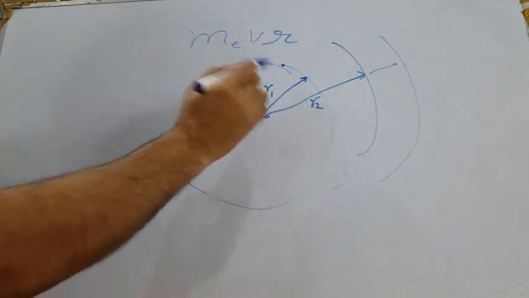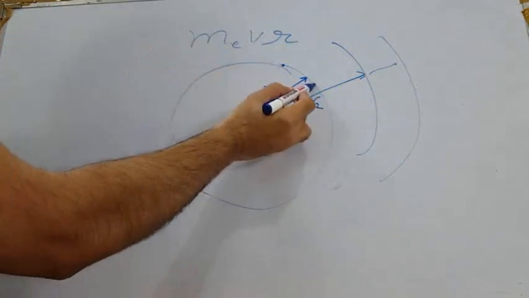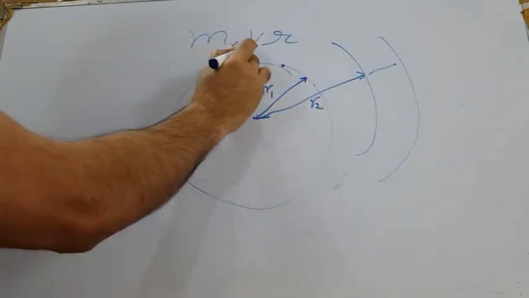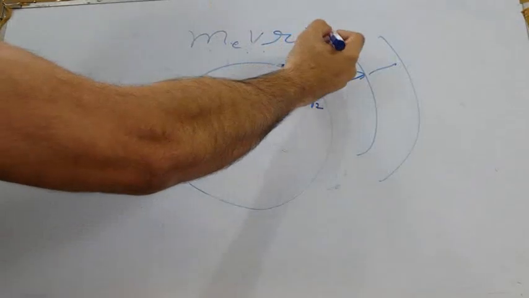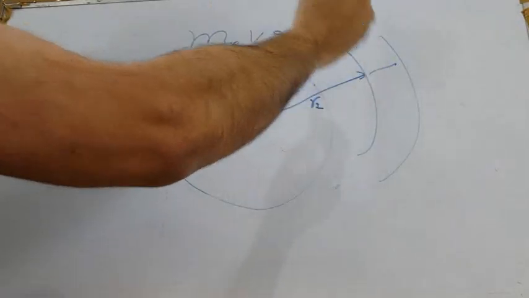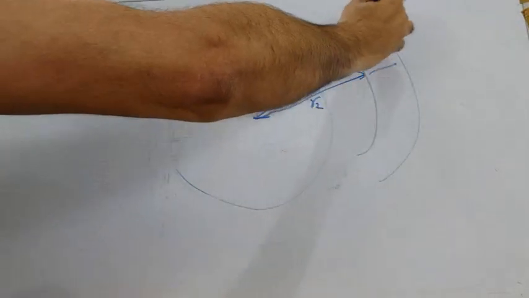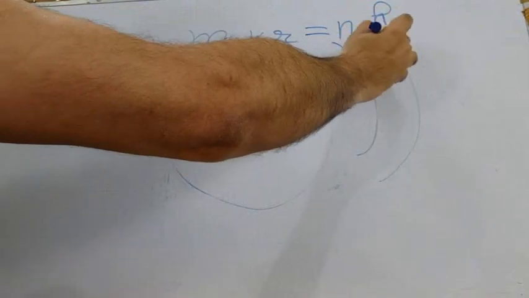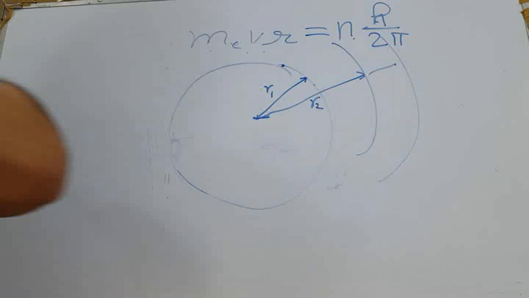Electron would go only in that orbit in which its angular momentum is a whole number multiple of h upon 2 pi, where h is the Planck's constant.